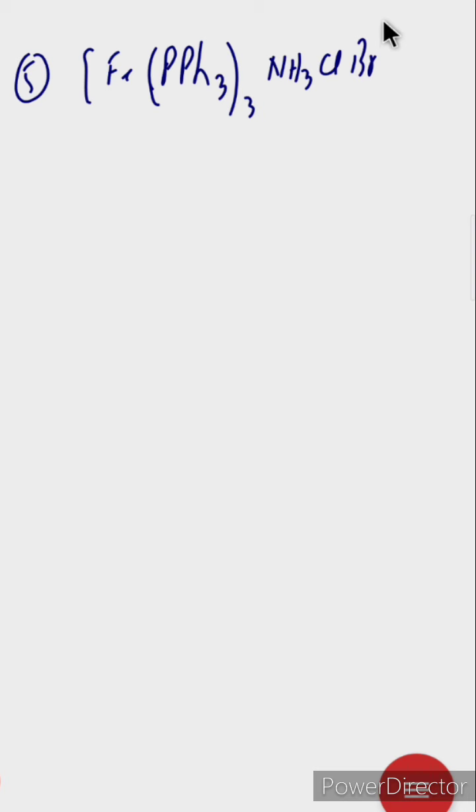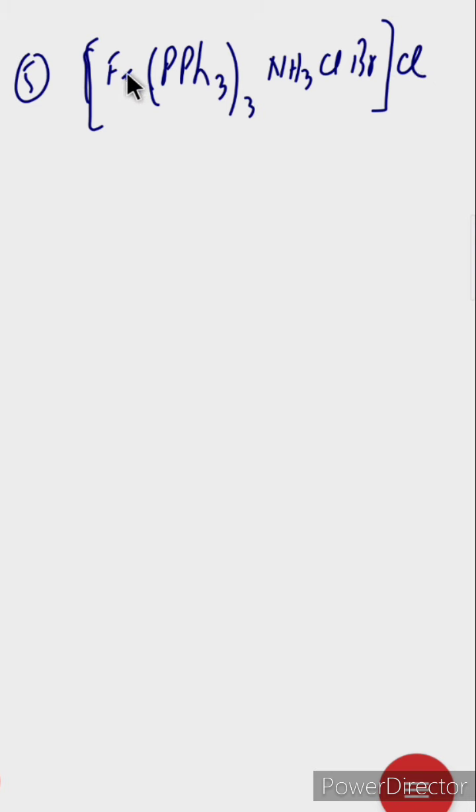This is Fe and this is PPh3, and this PPh3 molecule is 3, and then ammonia is there, then chlorine is given, then bromine is also given. This is the complex, and one counter ion Cl is also there.